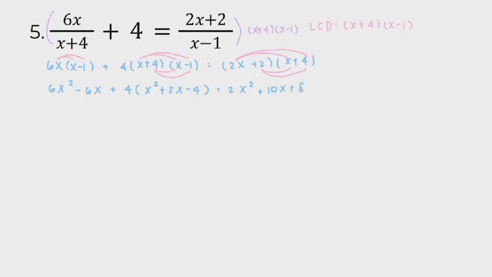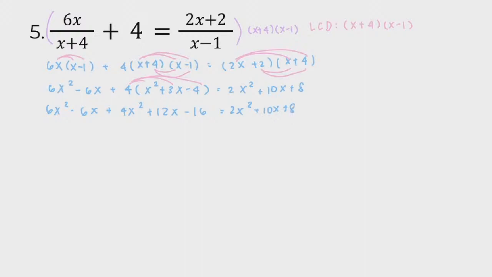Then next we have to distribute the 4. So we get 6x squared minus 6x plus 4x squared plus 12x minus 16 equals 2x squared plus 10x plus 8.